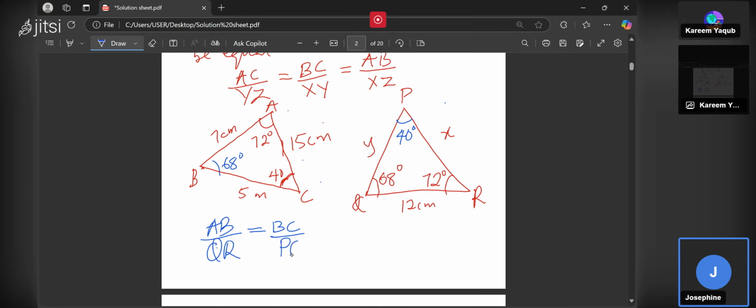That's good. Then the last one, side AC, corresponds to PR. That's good.